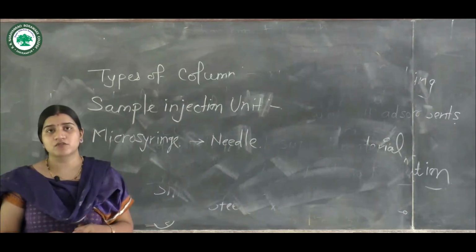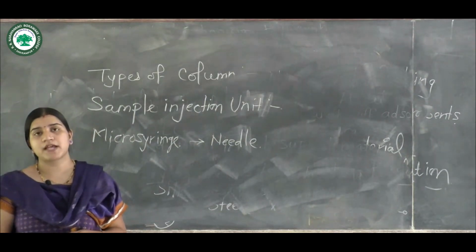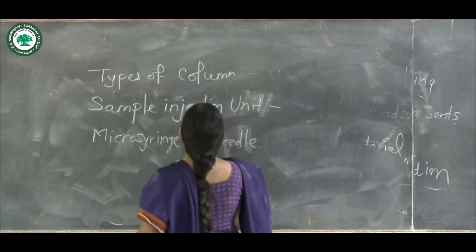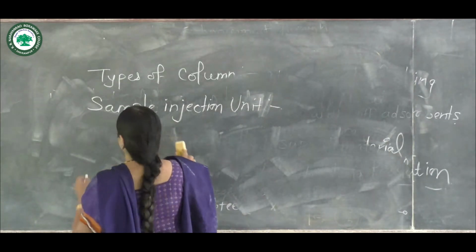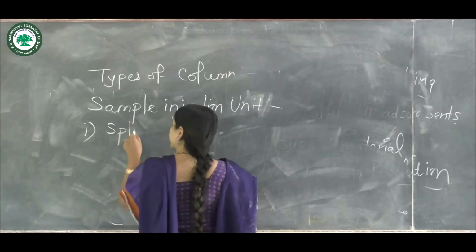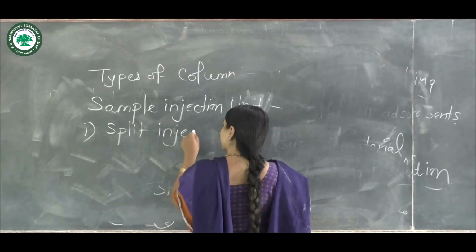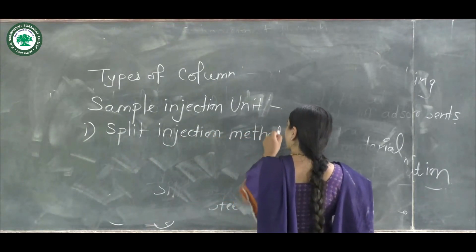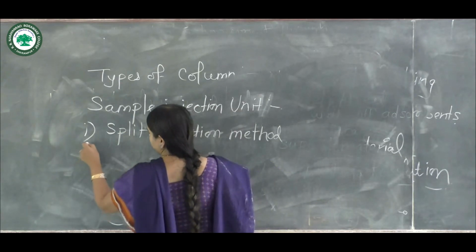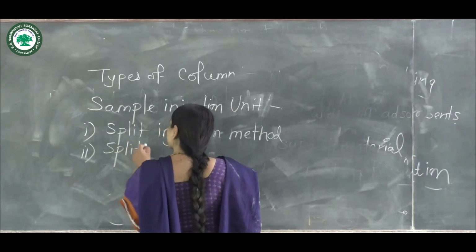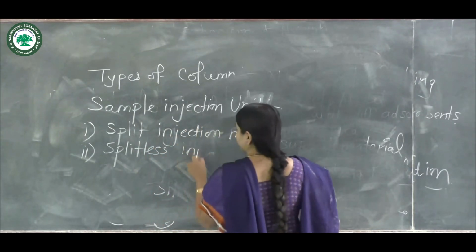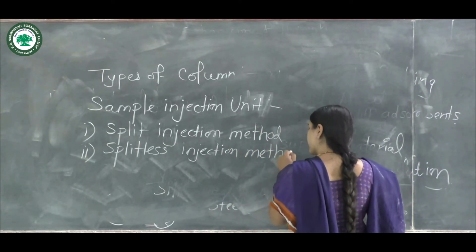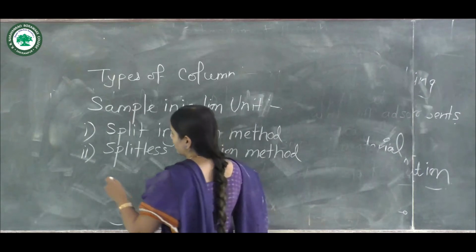In the sample injection unit, there are 4 to 5 different types of sample injection systems. The first one is the split injection method. The second one is the splitless injection method. The third one is automatic sampling.